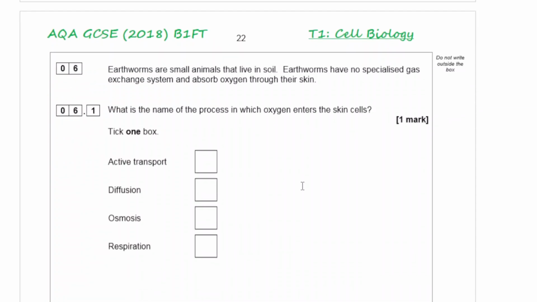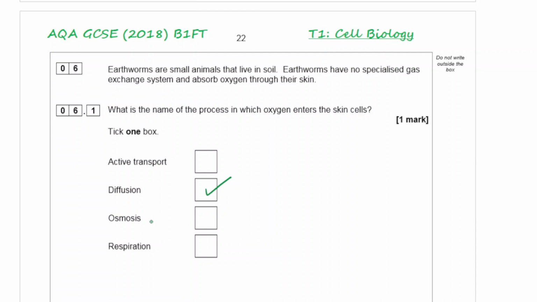Question number 6 is on cell biology again. Earthworms are small animals that live in soil. Earthworms have no specialized gas exchange systems and absorb oxygen through their skin. What is the name of the process in which oxygen enters skin cells? That would be diffusion.